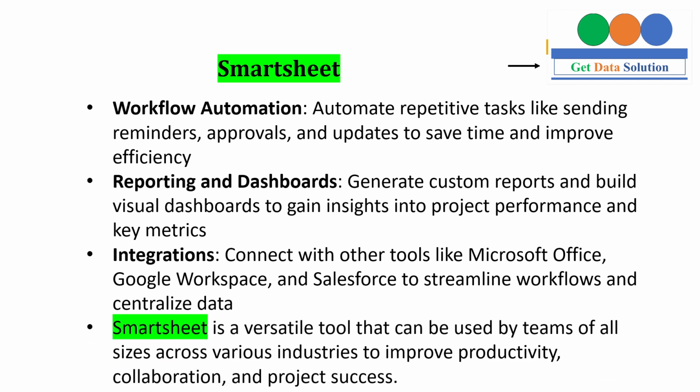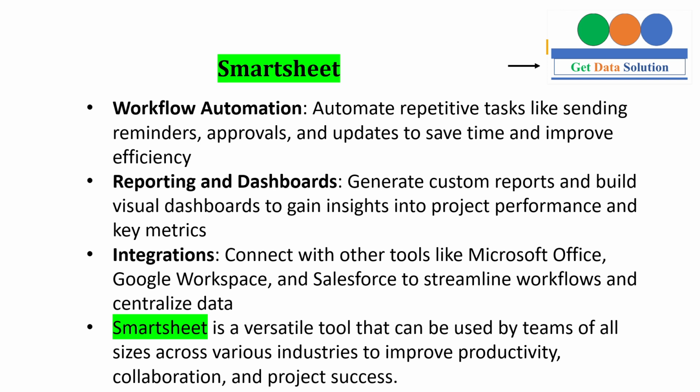So, in general, Smartsheet is a versatile tool that can be used by teams of all sizes across various industries to improve productivity, to collaborate, and to track project success.